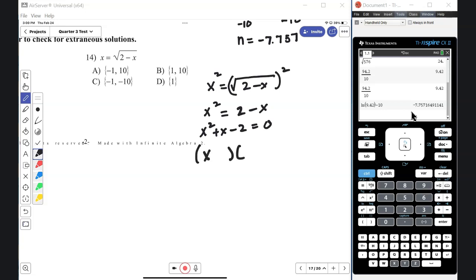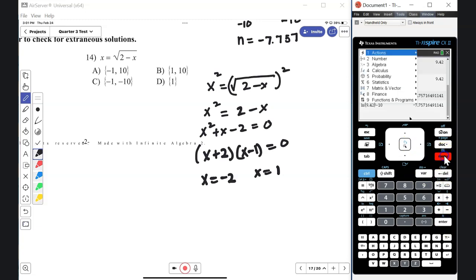So this will be x plus 2, x minus 1. So x equals negative 2, x equals 1. Those are the answers. So let's go ahead and check. It looks like 1 is the answer. So if we substitute 1, we have 1 equals the square root of 2 minus 1. So 1 does check. It's the square root of 1 that is checked.